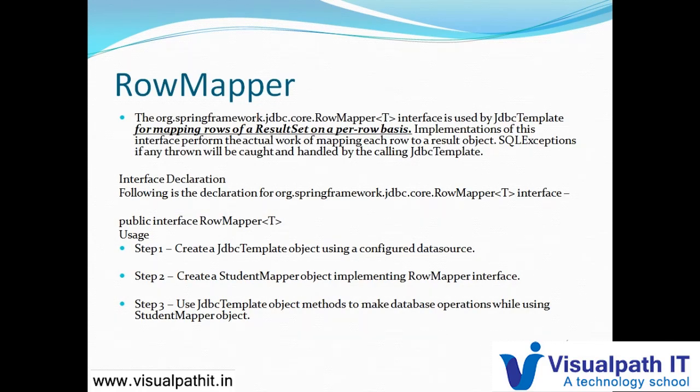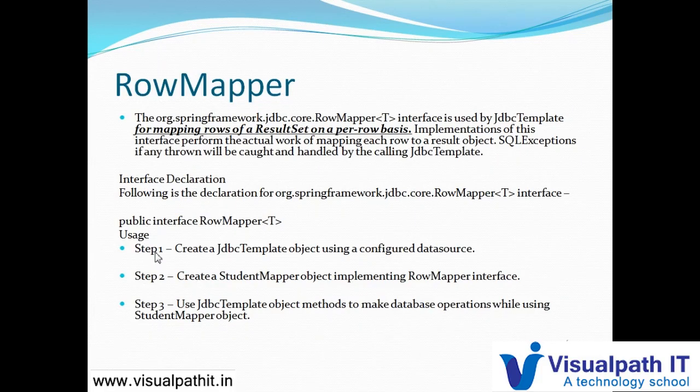The implementation of this interface performs the actual work of mapping each row to a particular result object. There are definitely chances of SQL exceptions if anything arises when we call the JDBC template, and it will be thrown.